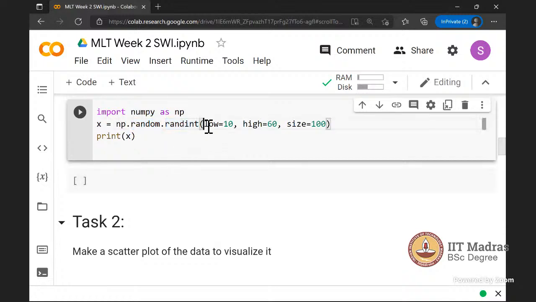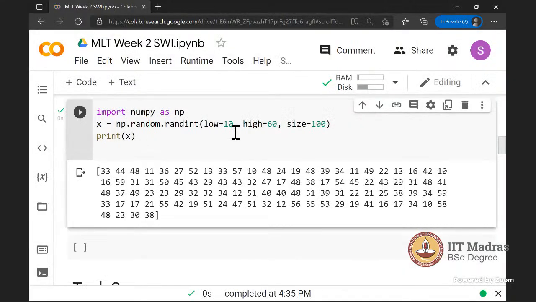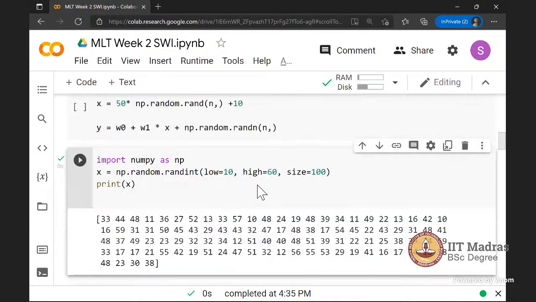So what we are saying is generate 100 numbers. The lowest number is 10, the highest number is 60, and just print that. Okay, that looks possible. So you have generated x. What about y, Sumit? We have to generate y also, right? Y is equal to mx plus c.